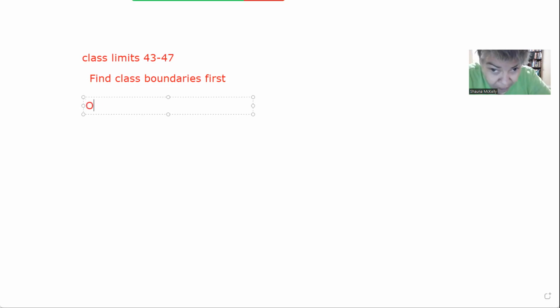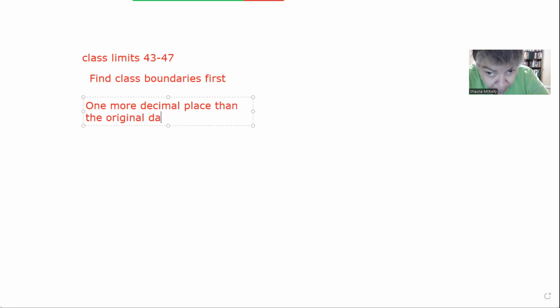So here's the rule: it's one more decimal place than the original class limit, and they end with 5.